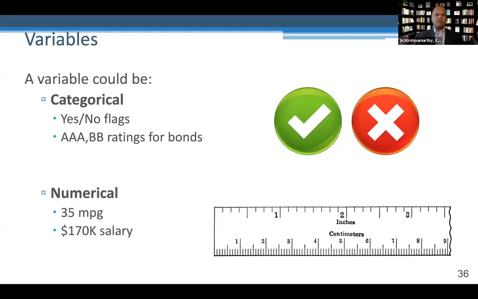Categorical values are flags, like AAA, AA bonds, or whether a particular company is going to default, yes or no. Those would all be in your columns. Numerical values would be the interest rate, the earnings of a particular person, or the temperature expected over the future.